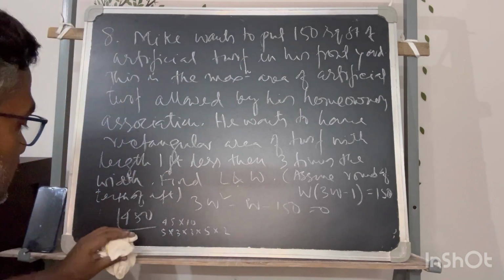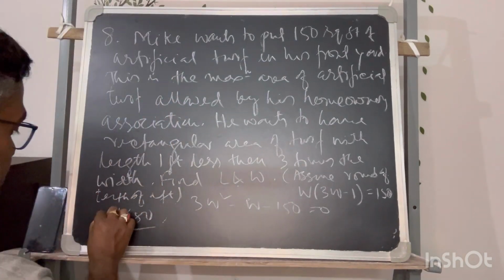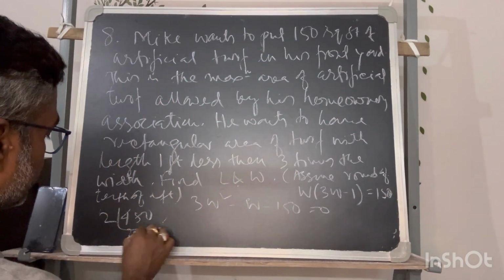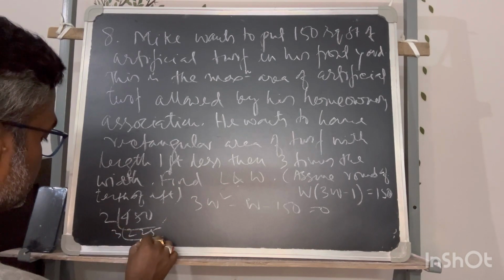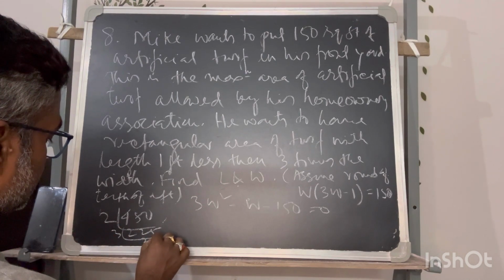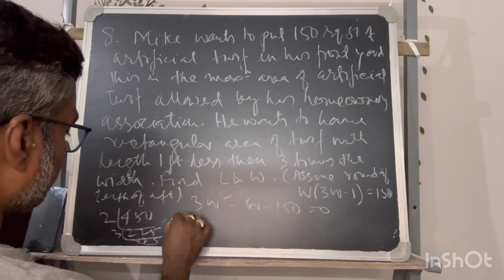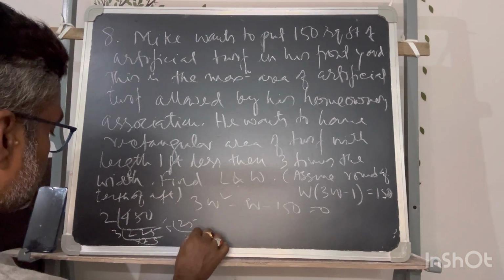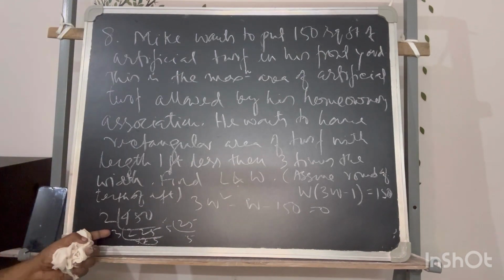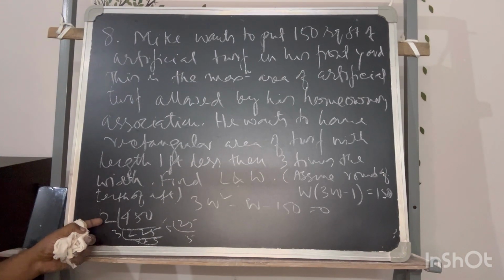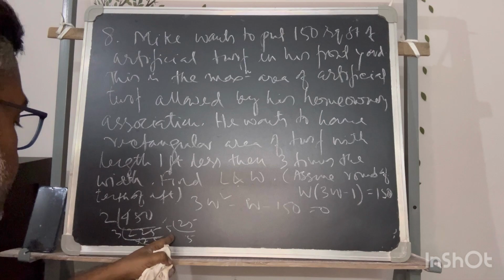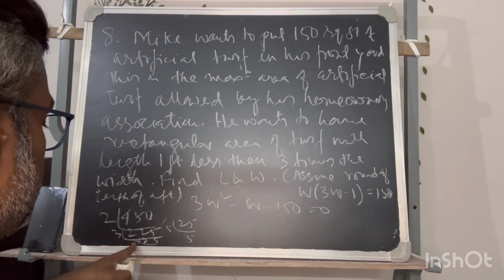Is it like that? Let me check once. 2 into 2, 25, 3, 7, 3, 5, 3, 25, 5, yes. So how do you make it? 5 3 to the 6, 50, 6 into 3 18.